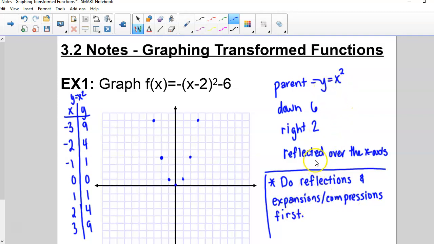So the first thing we're going to do here is we have to reflect this over the x-axis. So I'm going to take all of these points right here, and I'm going to flip them over the x-axis. So that would look like this. I'm going to use some red points here.